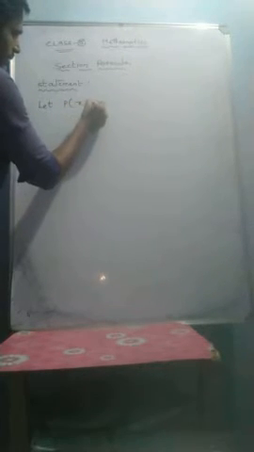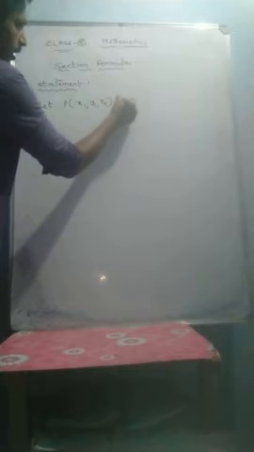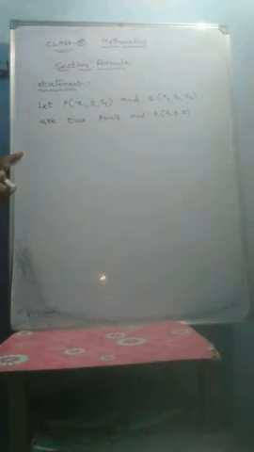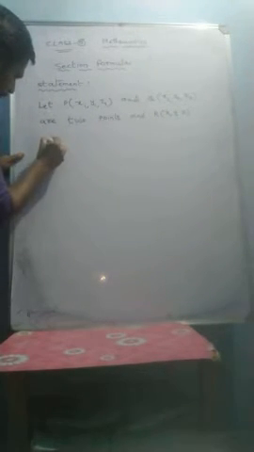Let P (x1, y1, z1) and Q (x2, y2, z2) be two points, and capital R (x, y, z) is a point.